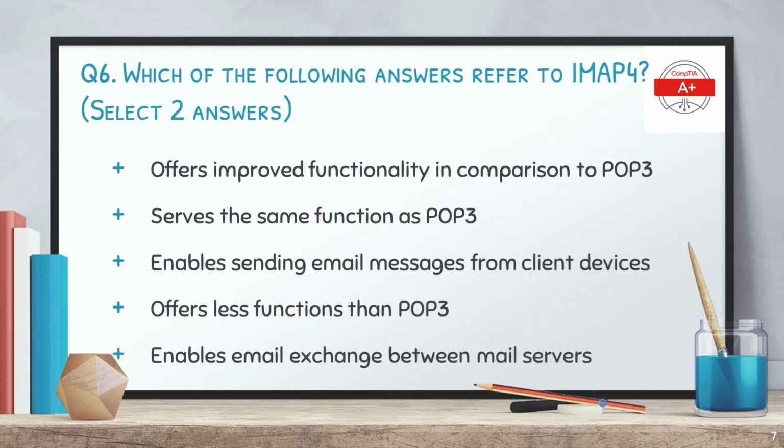The next question is, which of the following answers refer to IMAP 4? And we have to select two answers. The options are offers improved functionality in comparison to POP3. Second option is serves the same function as POP3. Third option is enables sending email messages from client devices. Fourth option is offers less functions than POP3.